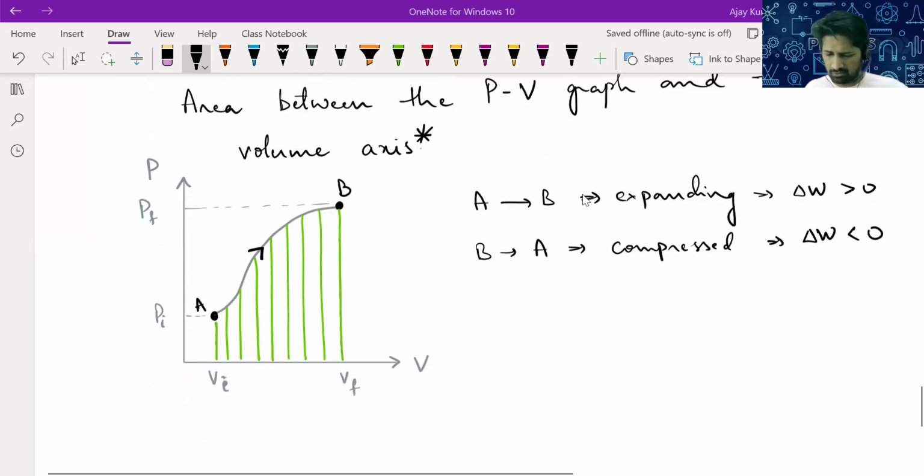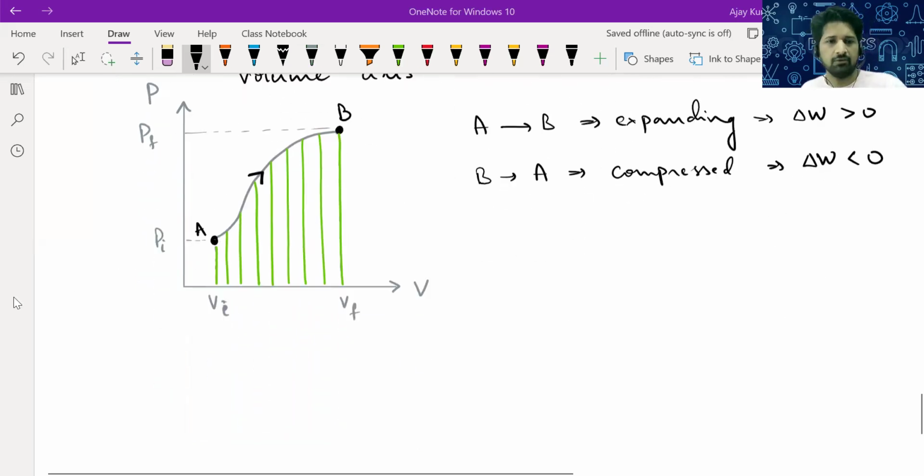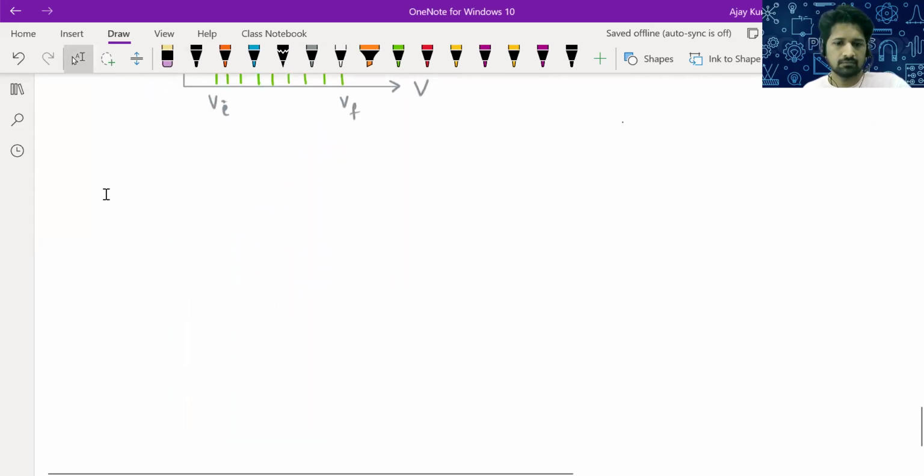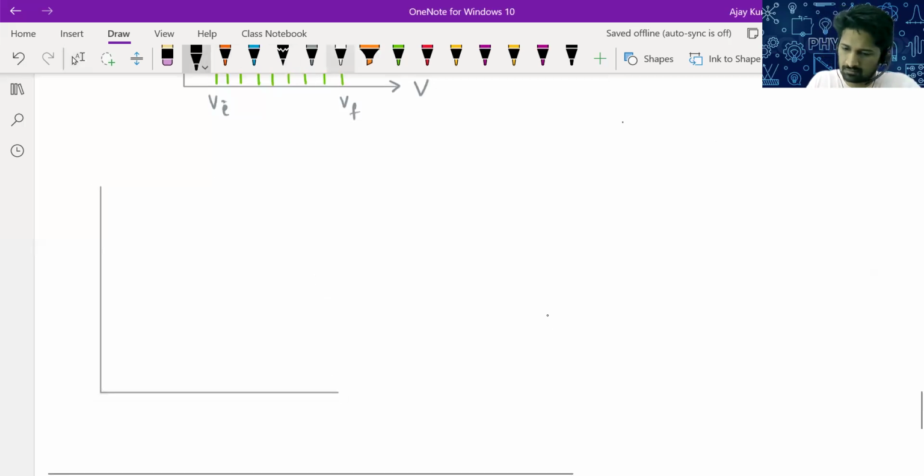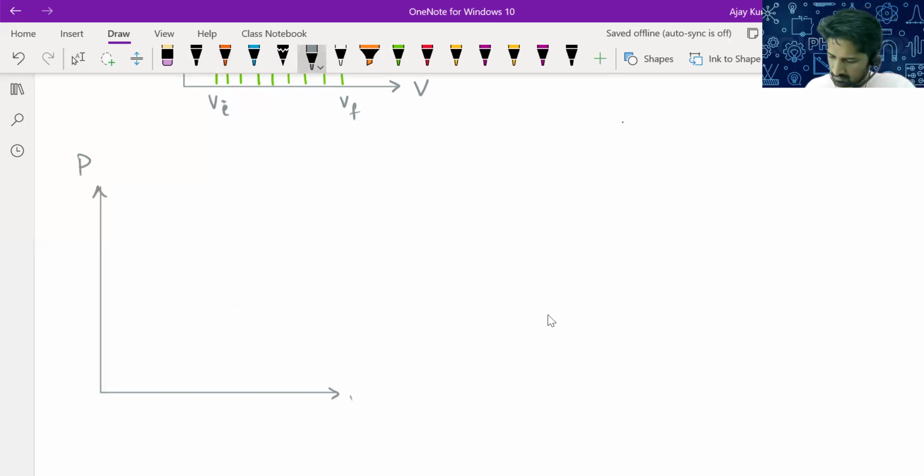Okay. Let's solve one simple problem based on this graph also. I'll just give you a pressure volume graph. Based on that, you tell me how much work is done by the gas. During some thermodynamic process, as heat is supplied to the gas, let's say something like this is happening.